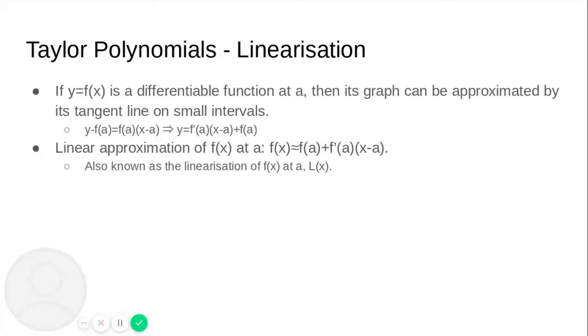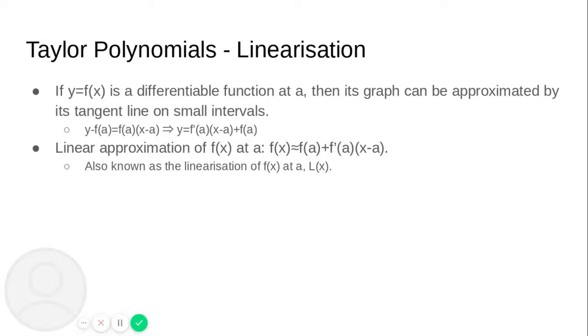Another important concept is linearization. If y equals f of x is a differentiable function at a, which is any number, then its graph can be approximated by its tangent line on small intervals. So, for example, y minus f of a equals f prime of a times x minus a. This is similar to what we saw in the Taylor polynomial.